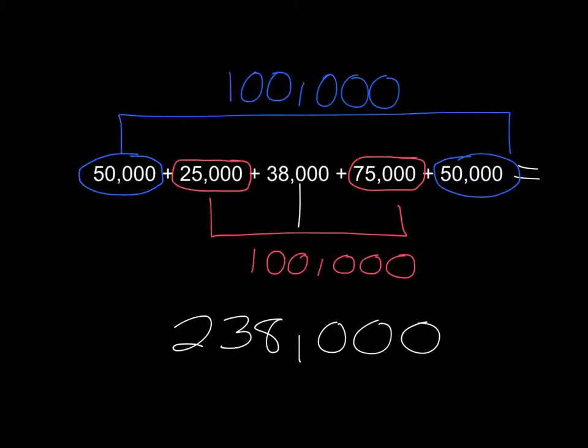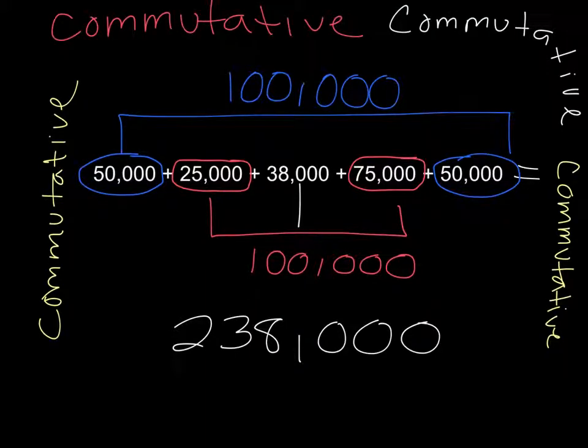as my final answer. Now what I did in order to add these mentally was I regrouped them. I rearranged the order in which I added them. And you're allowed to do that when adding. And there's a property, a rule, or a characterization that we use when adding. There's a name for this property. Commutative. The commutative property of addition says it doesn't matter what order in which you add them, the sum will still remain the same.